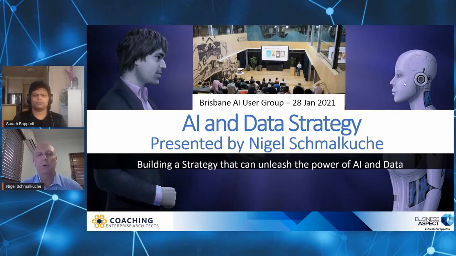So we wanted to put a book out there that gave organizations the ability to get that AI and data strategy together. I've always been interested in AI and data solutions, but there seemed to be the need for a strategy book, how to bring it all together so that your whole organization can benefit.